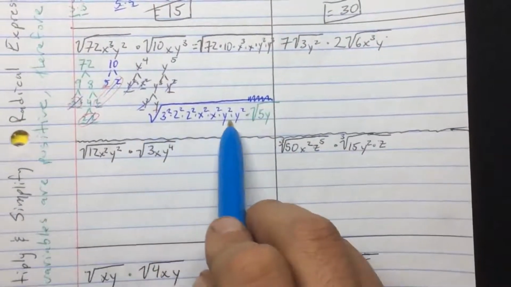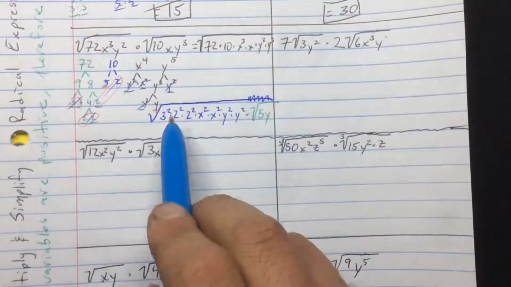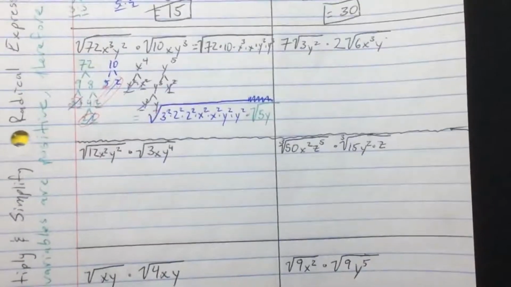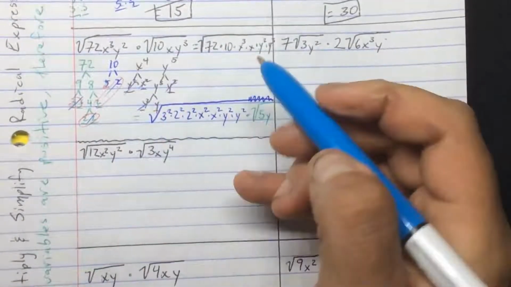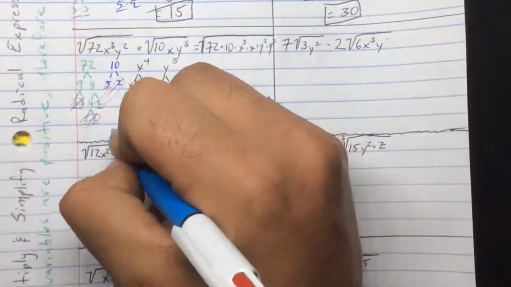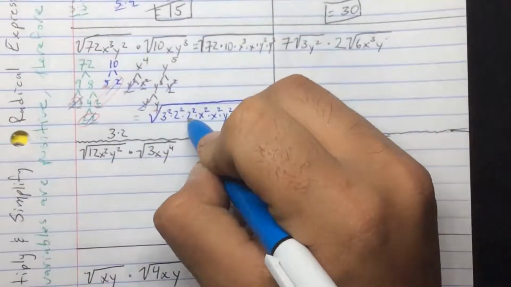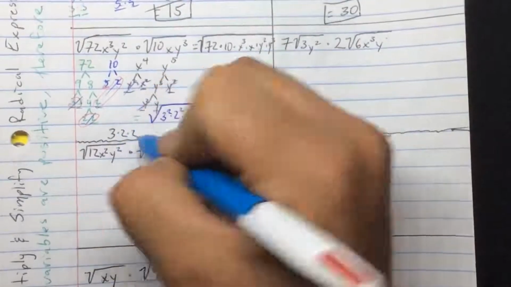Okay, so we have everything that can come out and everything that cannot. So the square root of 3 squared is 3. The square root of 2 squared is 2. The square root of 2 squared again is 2.